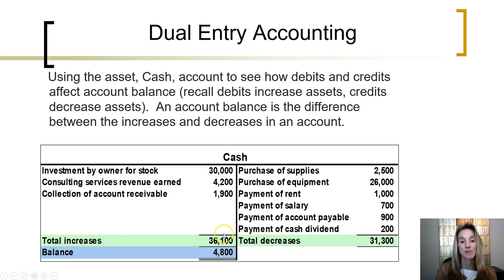When we get to the bottom here, we can see that the total debits to cash were $36,100. Those debits are offset by the total credits of $31,300. That results in an excess of debits over credits, leaving $4,800 more on the debit side of the cash account, indicating that cash is left with an ending balance of $4,800 after the effect of all of these business transactions were recorded into this asset account.